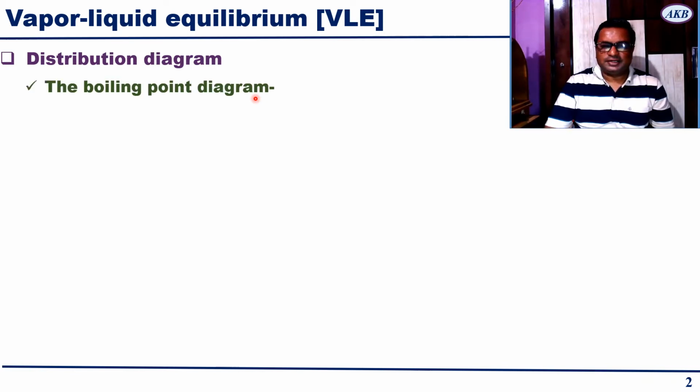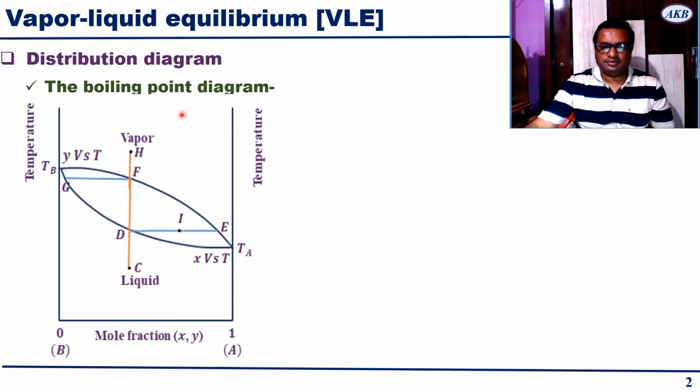Before that, I'll just show you the boiling point diagram. It looks like this. I have discussed it thoroughly in my previous video, so please watch that video. You have temperature plotted on the y-axis and mole fraction of the more volatile component plotted on the x-axis. Mole fraction in the liquid phase and mole fraction in the vapor phase are both plotted on the x-axis.